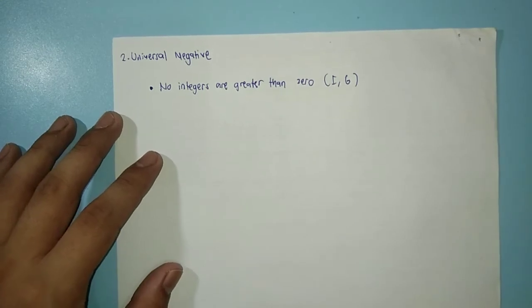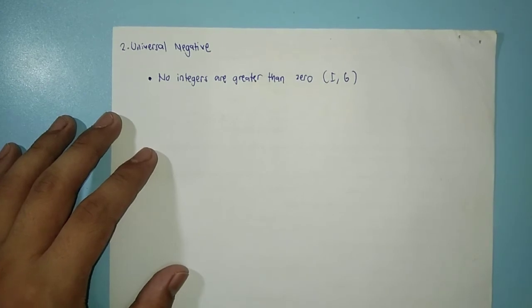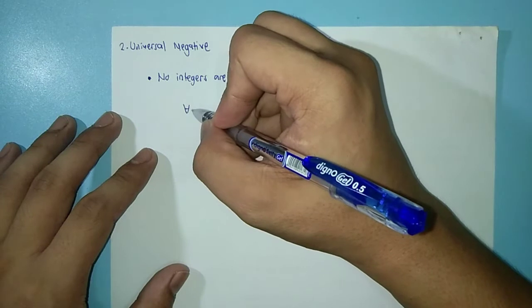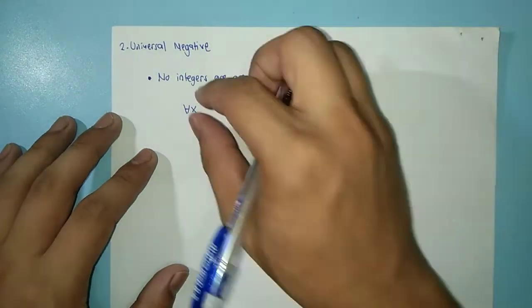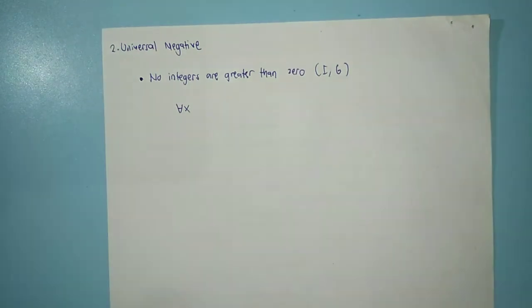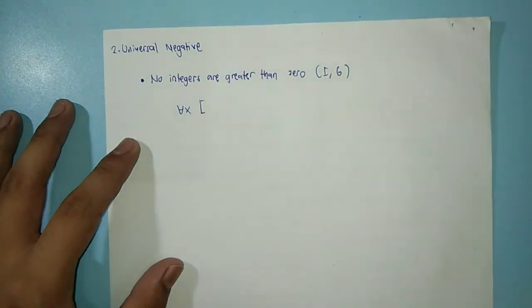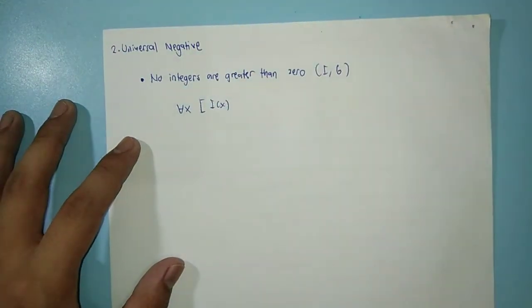greater than 0. Okay, so kung isi-symbolize natin yan, that is for all, universal pa rin, yung gagamitin natin, universal quantification. So for all x, where yung x, ang ibig sabihin niyan ay number, no? So kapag daw integer, so I of x, so meaning yung number ay integer, okay?